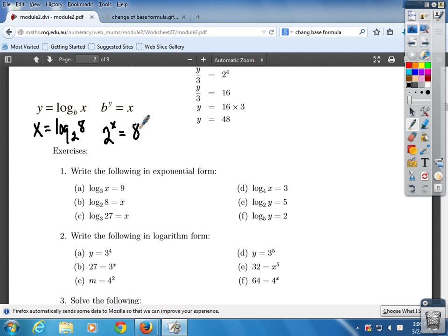Now, this brings up, how do I solve that? Well, a lot of people have forgotten how to solve it. So we'll just copy it.